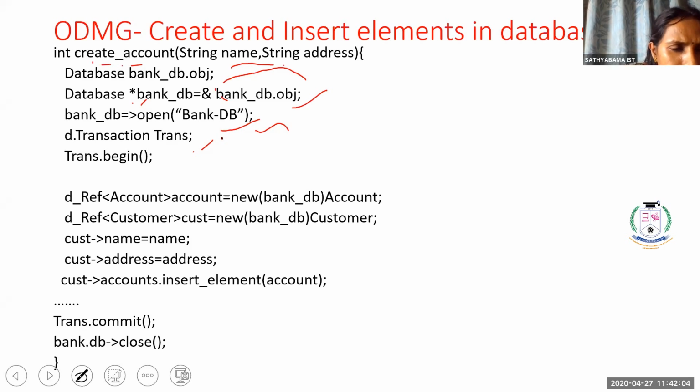So by using this object trans.begin, automatically the transaction will begin. So now what transaction are we going to do? Create. Okay, so we are going to create a table and we are going to insert an object into it. Here the table is nothing but an entity. An entity is also called a class name.